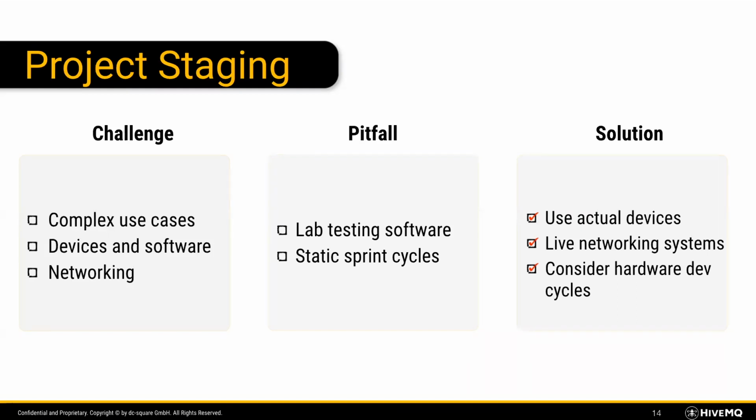On the final live stage, this will be cars driving around a city with all the mobile carrier and everything that comes into consideration there. So of course, the devices and the hardware and the networking cannot be tested completely in lower developmental stages.